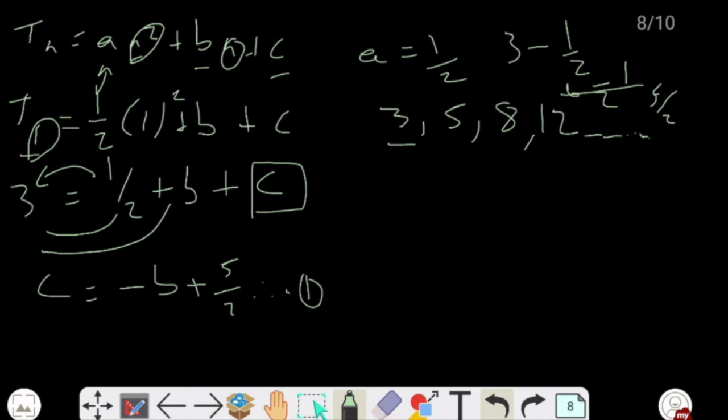Then let me choose T2. T2 has a value of 5.